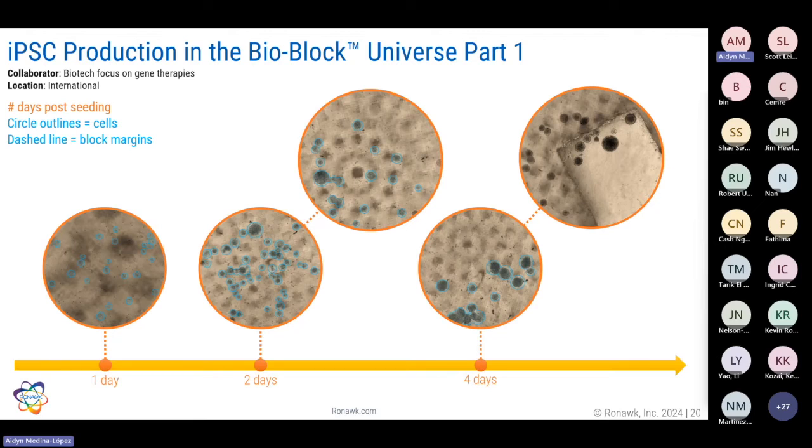But since we didn't have more information about this, we didn't know if it was the bioblock that induced this behavior or if the cells just did this by themselves.